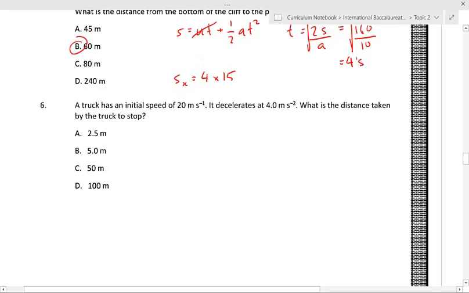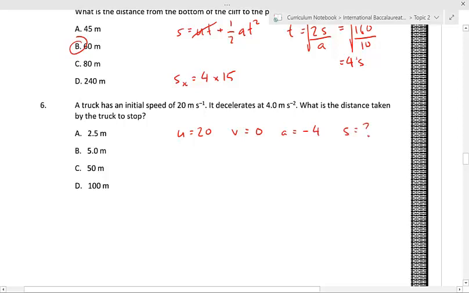Number 6, we have a truck that has an initial speed of 20 meters per second and it decelerates at 4 meters per second squared. What's the distance taken for the truck to stop? So we know u equals 20, v equals 0, a equals -4, and we want to find s.